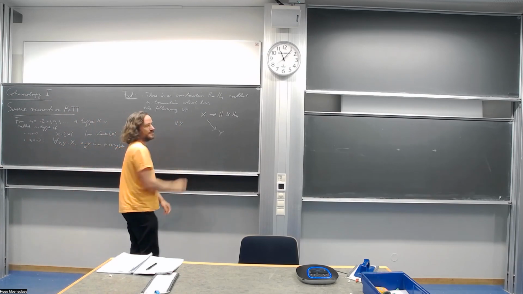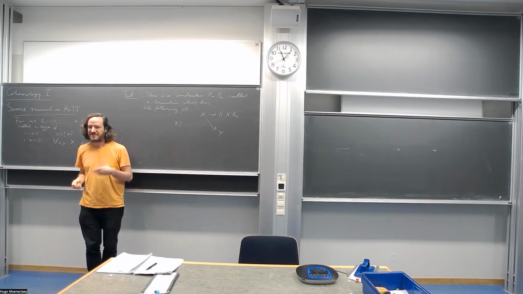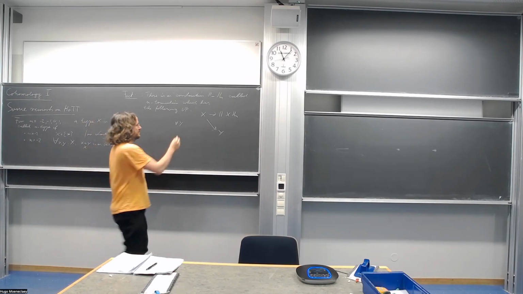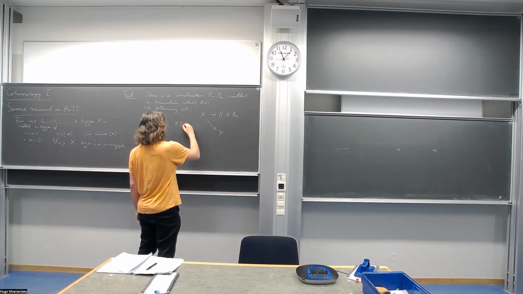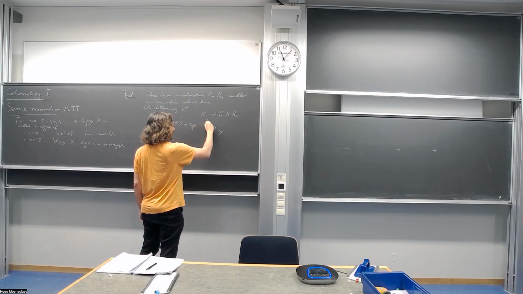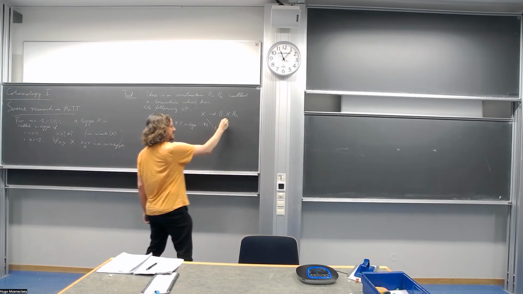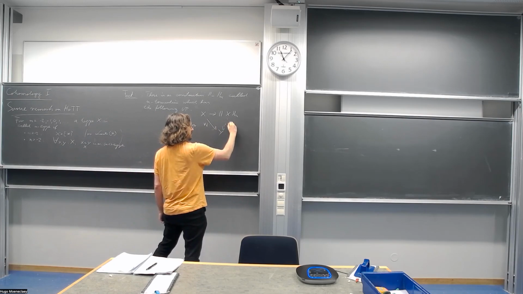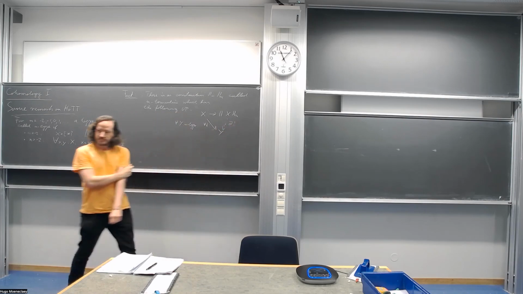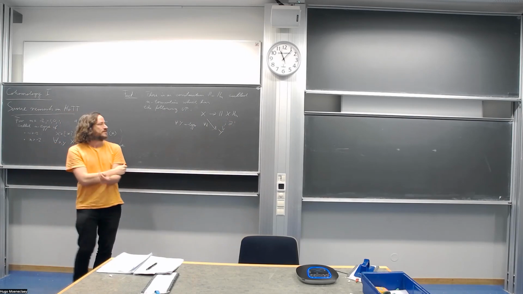So for all things in the subcategory, so to say, which are now n-types. So for all y, an n-type, and for all maps like this, you have a unique extension here. And you actually have a bit more.